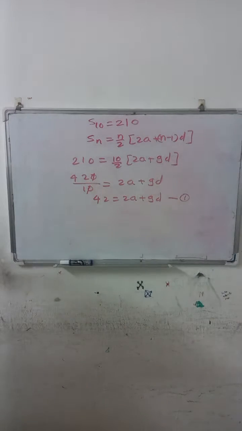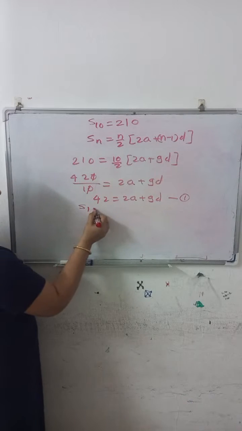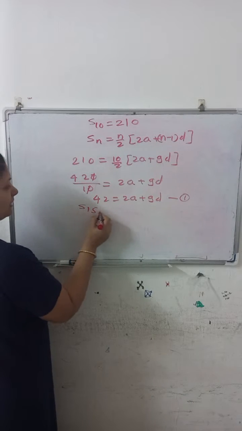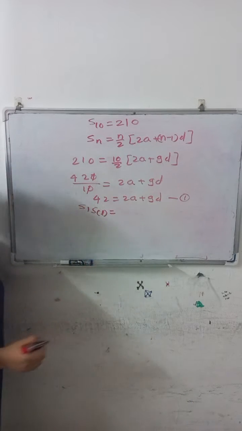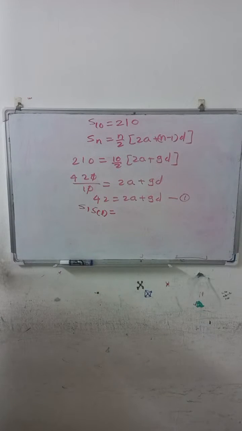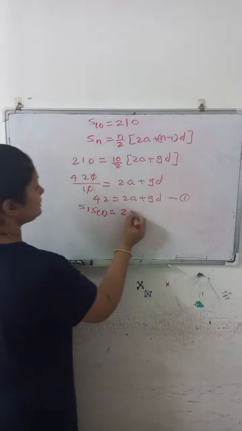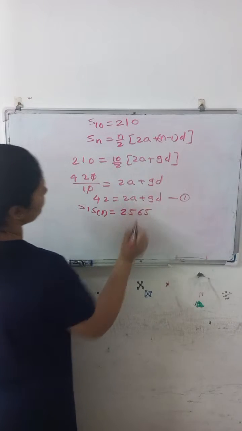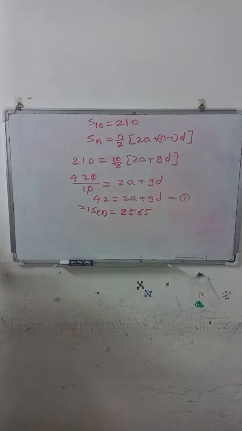Now they are saying the last terms. That is nothing but the sum of the last 15 terms. So for the sum of the last 15 terms, I will write inside the bracket last 15, that is given as 2565. But here the problem is the sum of the last 15 terms of the AP is 2565.